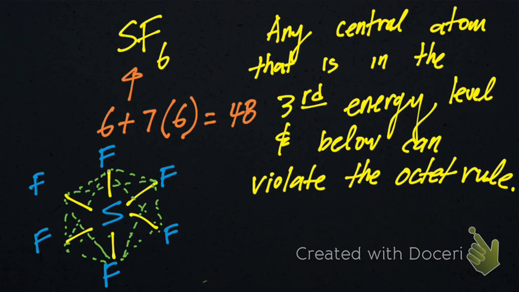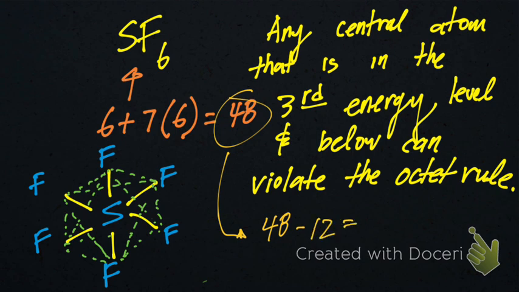All right. So how many electrons did I use? Out of the 48, how many lines did I draw? 6. How many electrons is that? 12. How many do I have left? 36. So what I can do is place these 36.